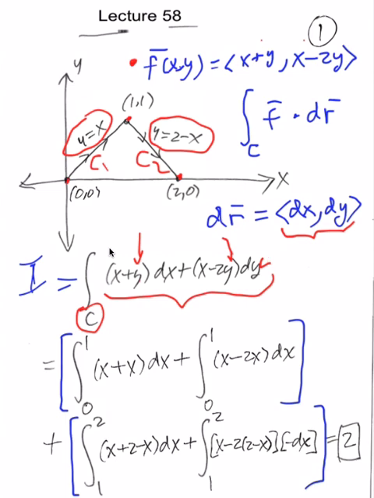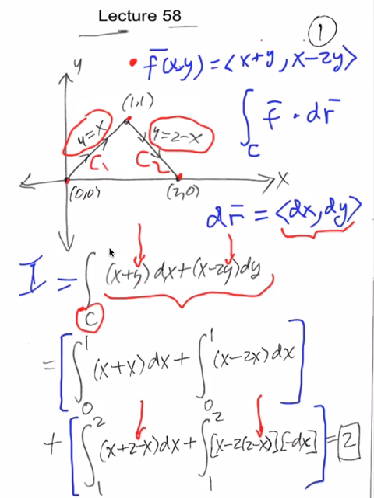Then you're going to do something similar in the second curve, C2, where y equals 2 minus x. Here I'm replacing y by 2 minus x, so that becomes that there. Dx is still dx. Here I'm replacing y by 2 minus x also, so that gets replaced right there.